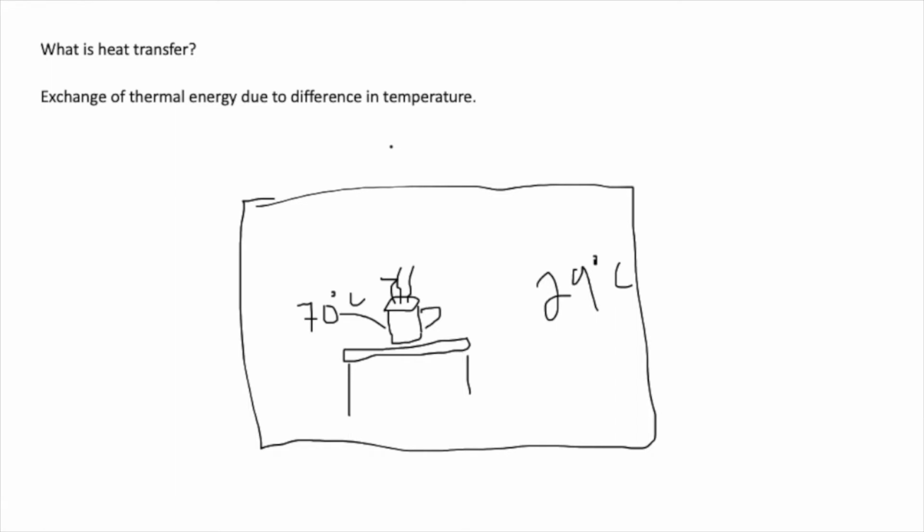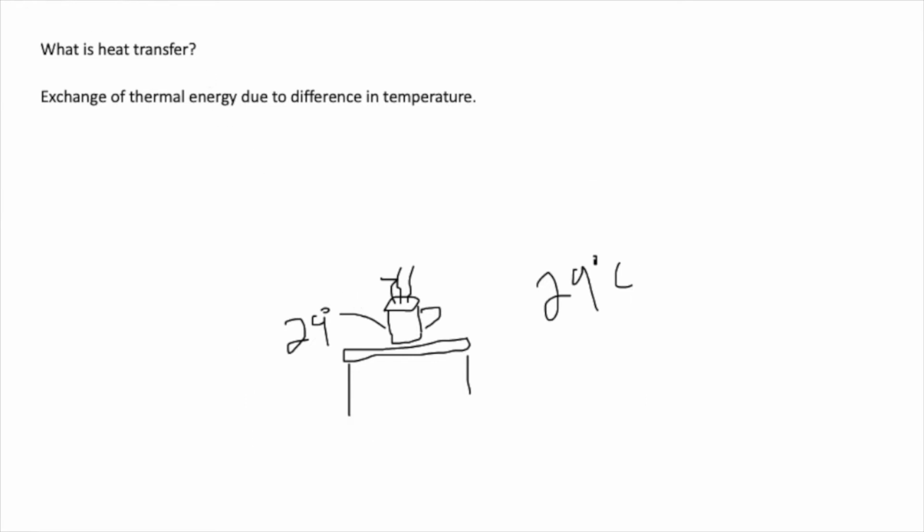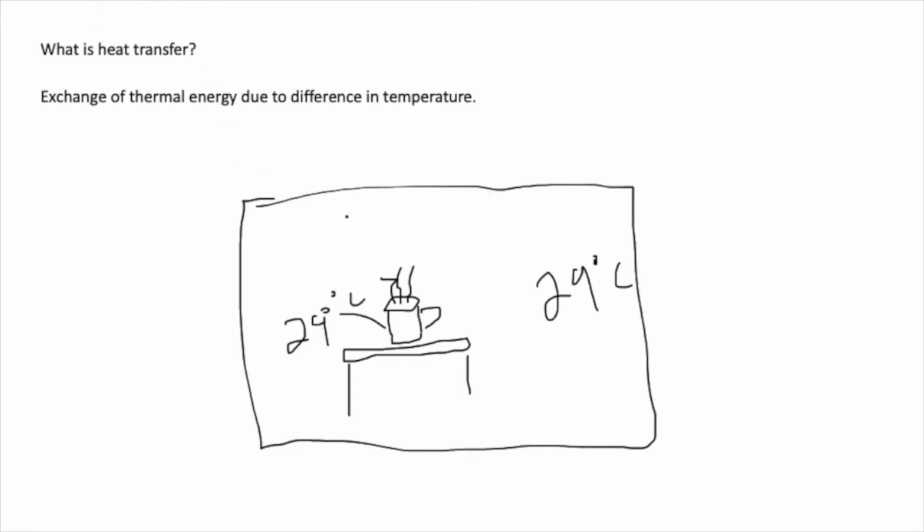What happens is, after some time, the temperature of the hot coffee will go down, and if it is long enough, it becomes similar to the room temperature. So these are the two examples that I gave you.